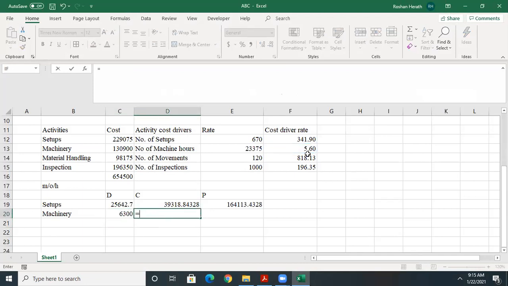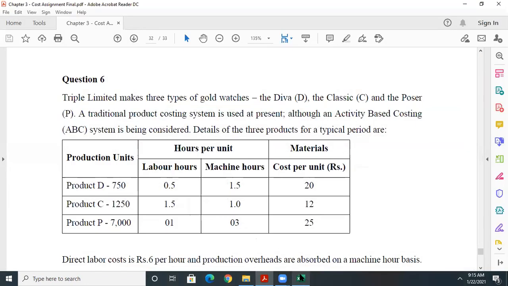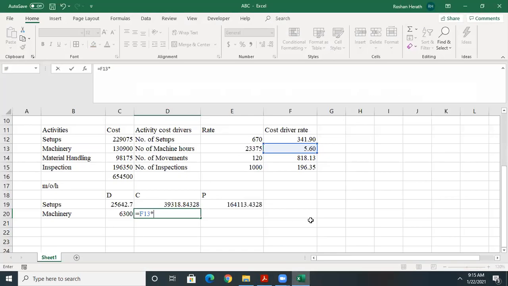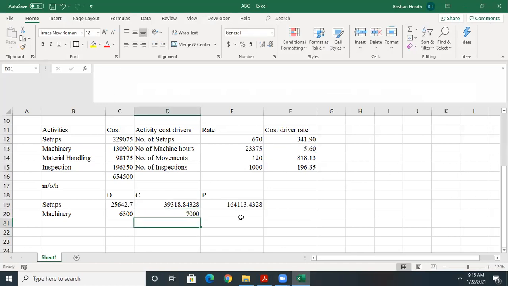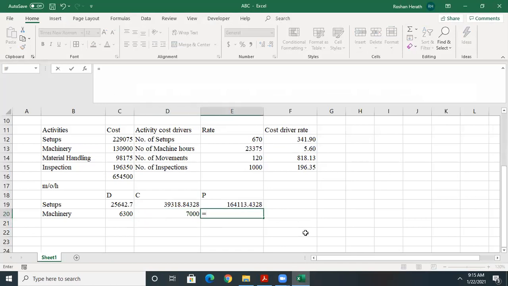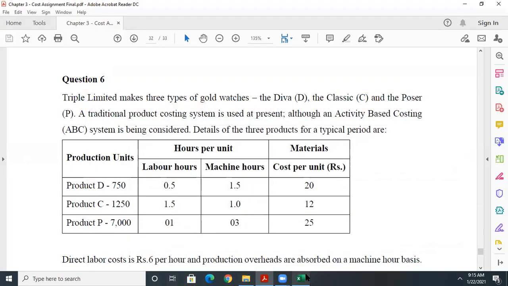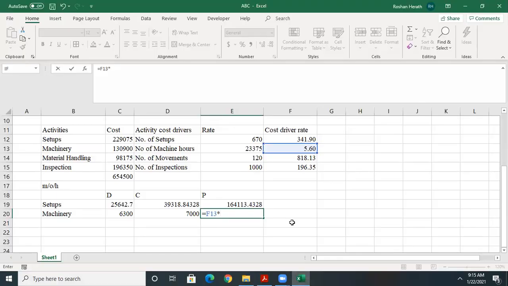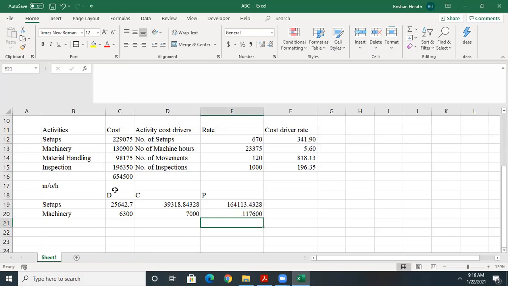Then for product C, it is the number of machine hours, 1250 into 1. Finally, that was for product P. There were 7,000 units, and per unit it takes 3. Therefore, altogether 21,000 machine hours were consumed in total.